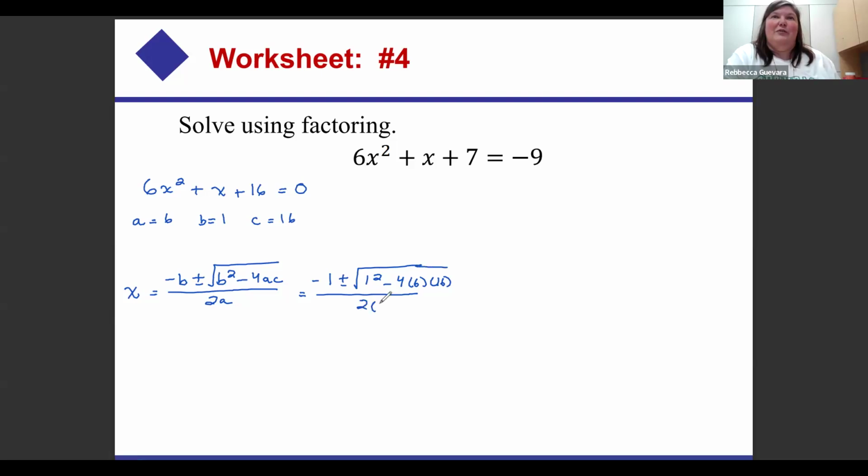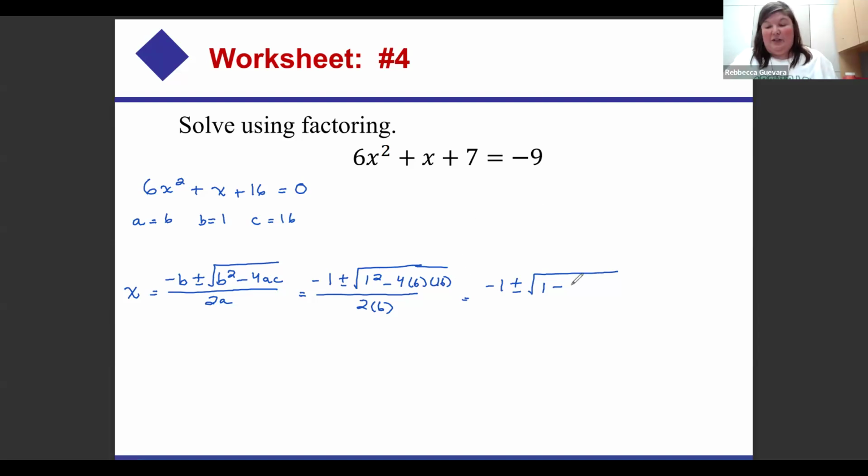And then we have 2 times 6 down here. So that's minus 1 plus or minus the square root of 1 minus, well, what's 4 times 6 times 16?